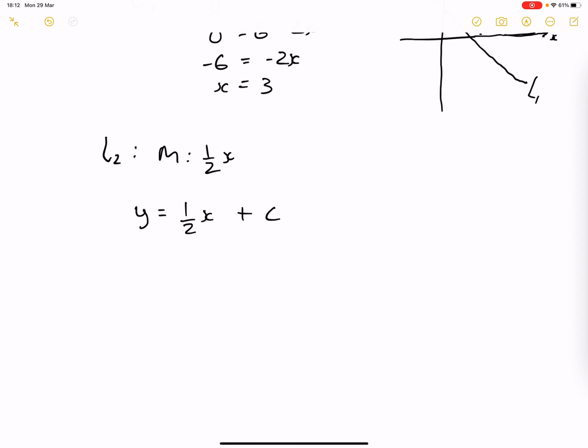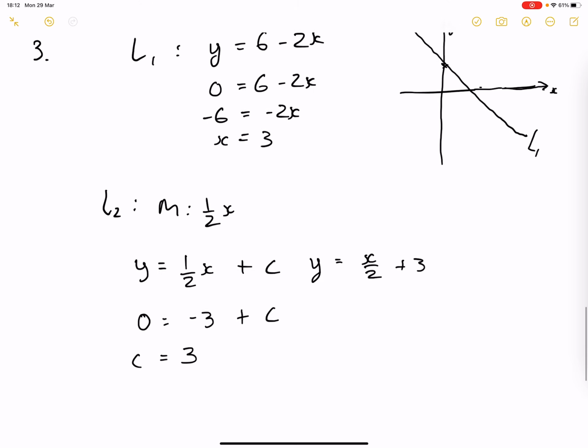This is just your basic y equals mx plus c. And it passes through minus 6, 0, so 0 is equal to minus 6 over 2, which is minus 3, plus c, therefore c must be equal to 3. So our equation for this line is y is equal to x over 2 plus 3.